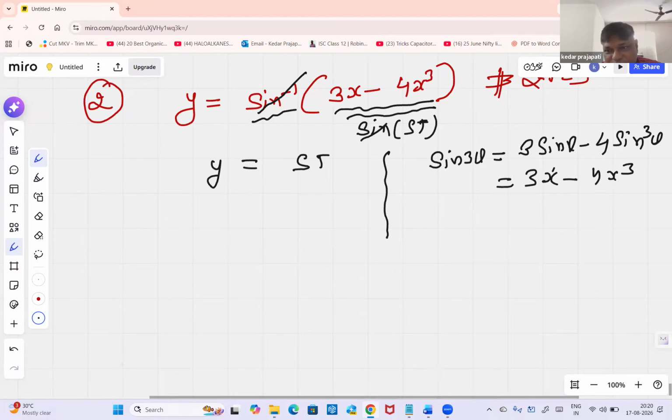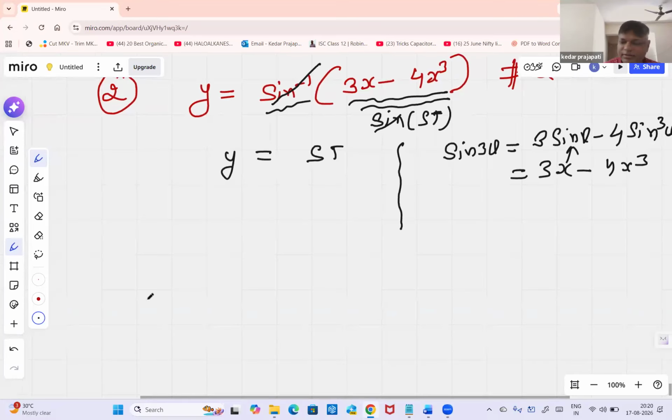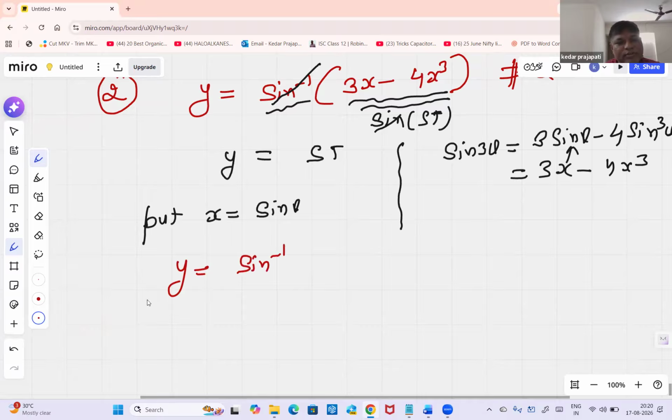So in place of x, what have they given? Sine theta. Right? Clear? Yes, sir. So I'm going to put x equal to sine theta. Then this will become y equal to sine inverse of 3 sine theta minus 4 sine cube theta.